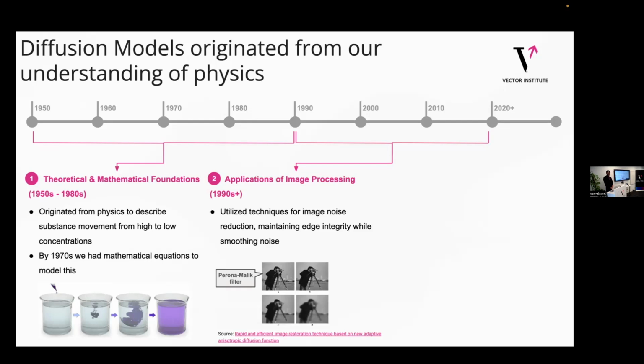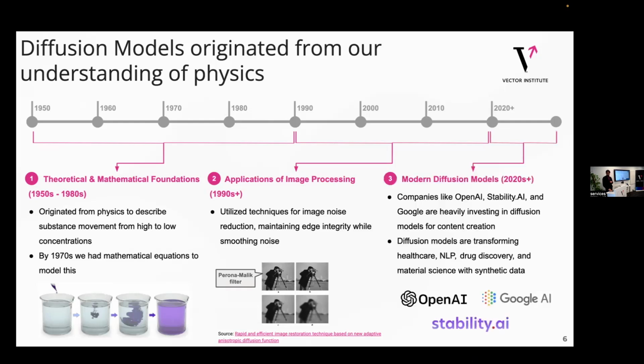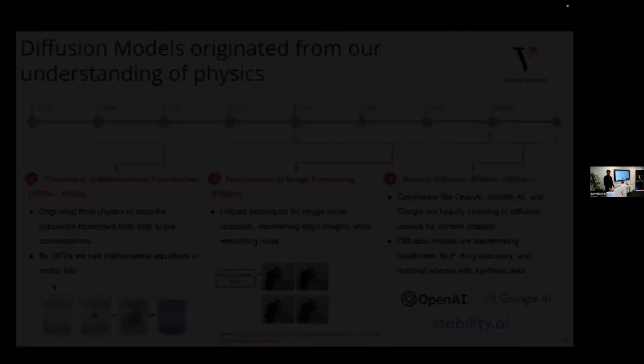By the 90s, we saw that these equations were used in applications such as reducing noise on images. And then fast forward to the 2000s, these models have gotten complex enough that they're now generating images. Companies like OpenAI and Stability AI are creating image generation models, and they're being applied, of course, to a variety of other use cases for synthetic data generation.